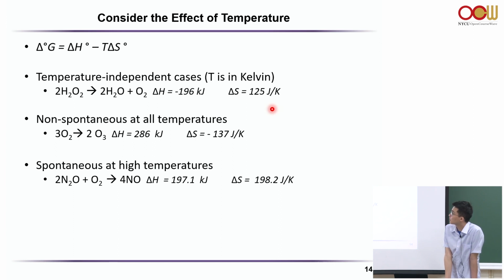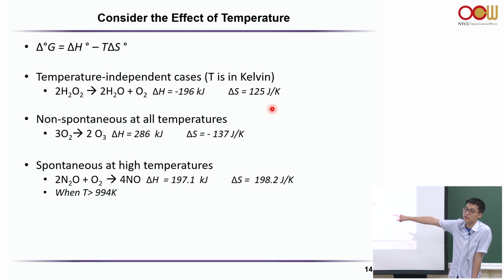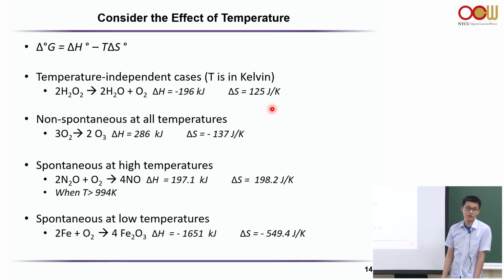So when your T is high enough, then this delta G value will become negative. If you're doing simple math, setting this delta G equal to 0, you can solve for that T, which is the crossover point that you saw previously. Okay, so when your T is about 1,000 K, then this process becomes energetically favored, as determined by delta G.